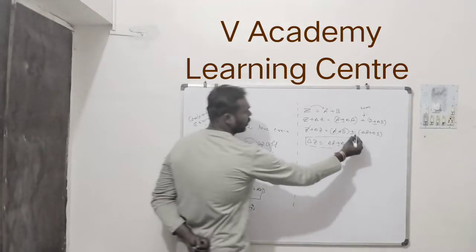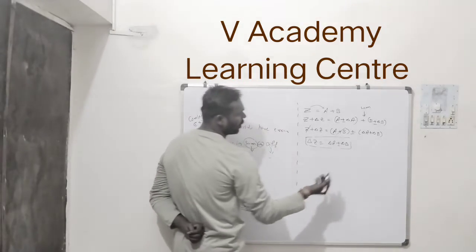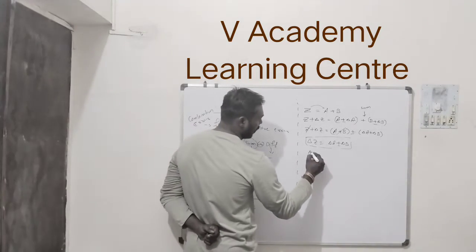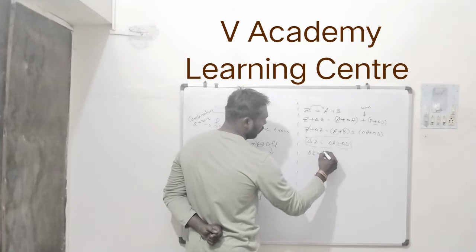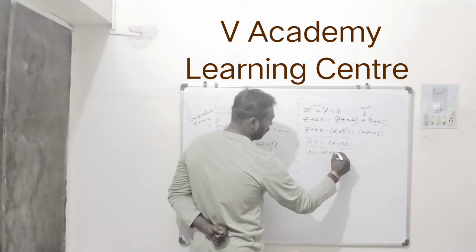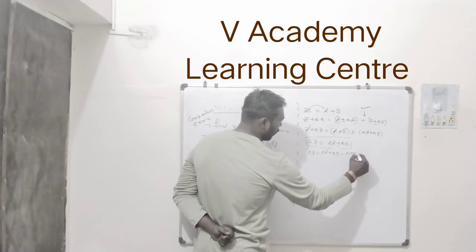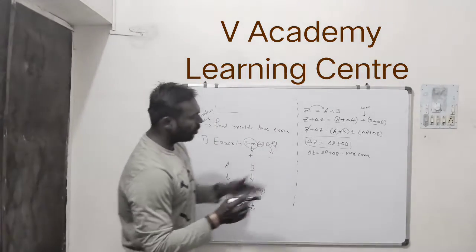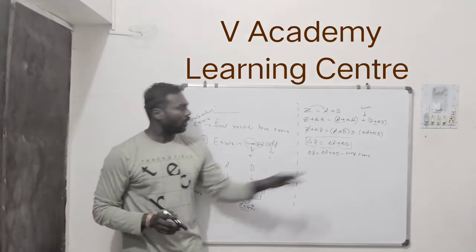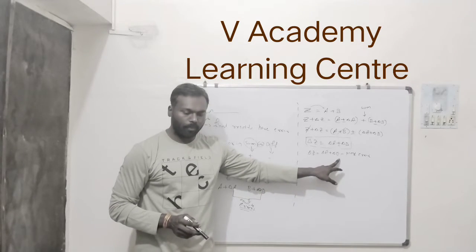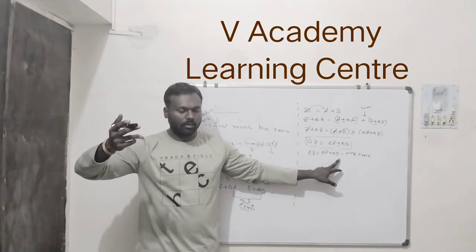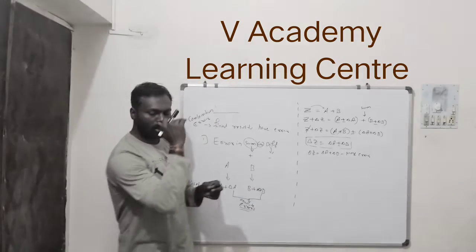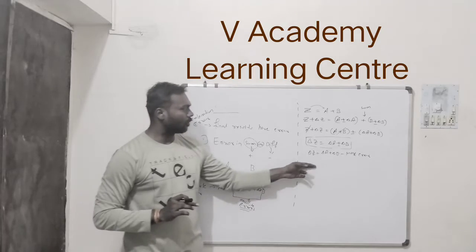Maximum error, delta Z equal to delta A plus delta B, will be the maximum error. Correct? Maximum you can add. If subtracted, it will be the minimum error. For example, if this is 0.2 and this is 0.3, maximum error is 0.5, minimum error is 0.1. But always consider the maximum error.